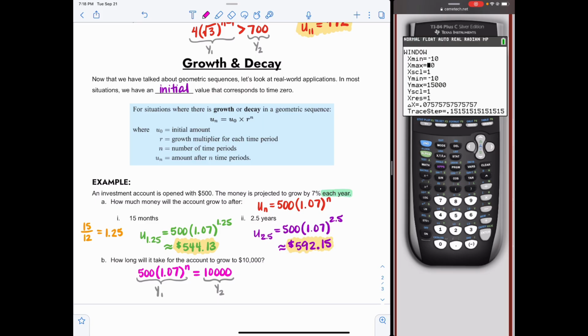So I'm going to increase my X maximum because that's talking about time or the years. And I'm going to increase this to about 50 just to see what it gives me. So once I graph it, we're going to see where the two graphs cross, and then we can find the intersection.